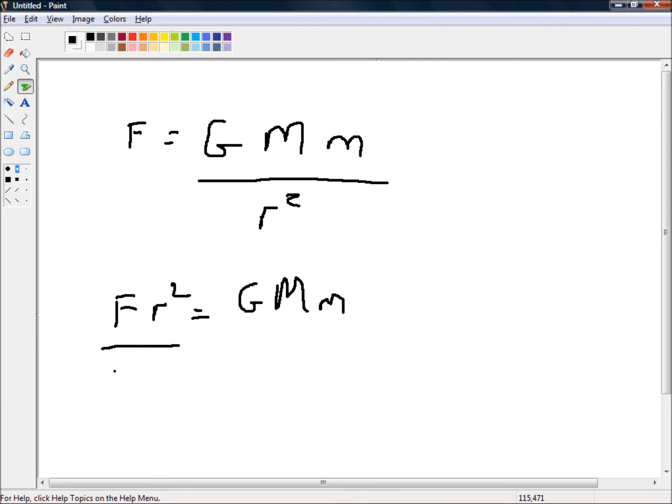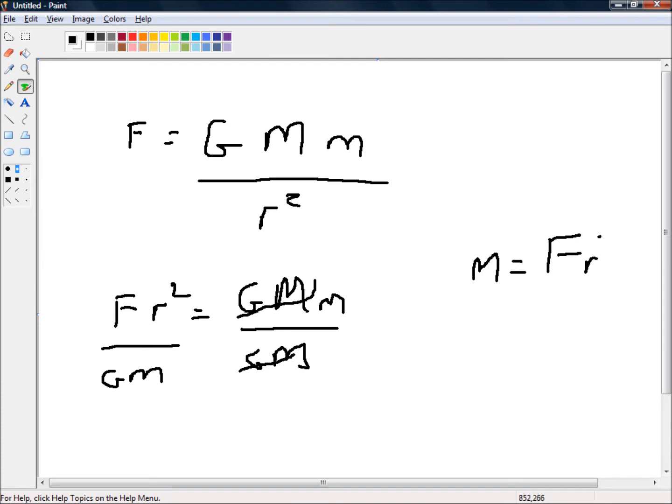So if we divide by GM, the GM's cancel, and we're left with F r squared over GM is equal to m, and then lastly we just swap them round, so m is equal to F r squared over G capital M.